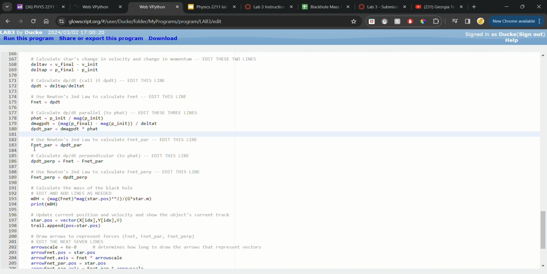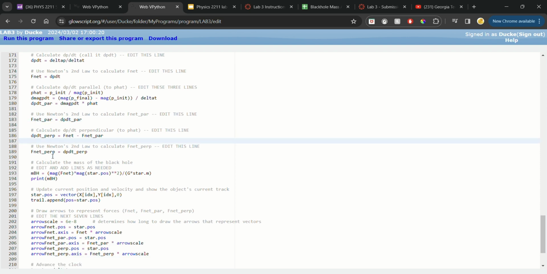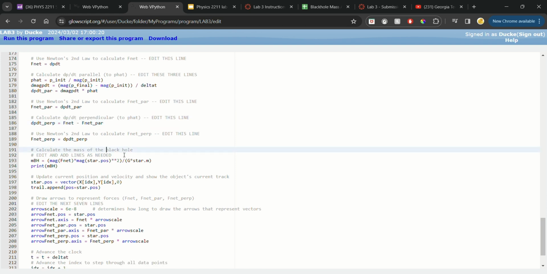So F net parallel is equal to that. And then you can say F net is equal to F net parallel plus F net perp, so the perpendicular force is equal to F net minus F net parallel. And so you can get those two.